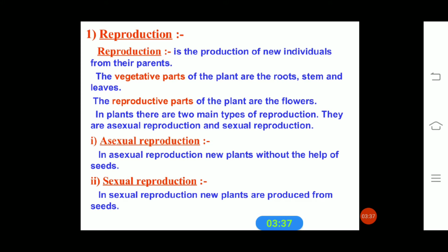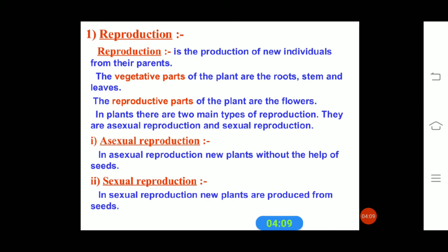Okay, so in sexual reproduction of a plant, male and female reproductive cells are involved. The cells which help to reproduce a new young one are called what? Reproductive cells. Here we can see both male reproductive cells and female reproductive cells.